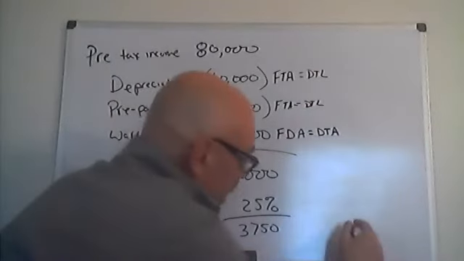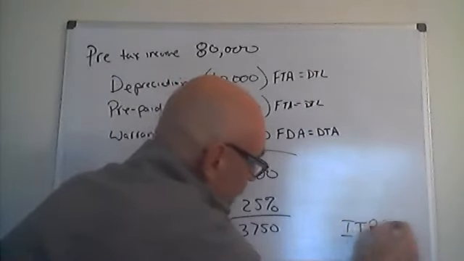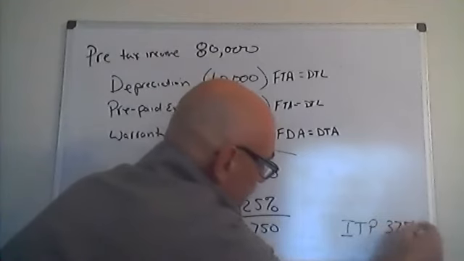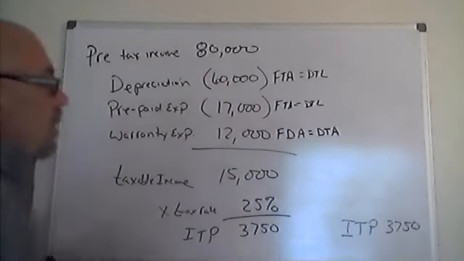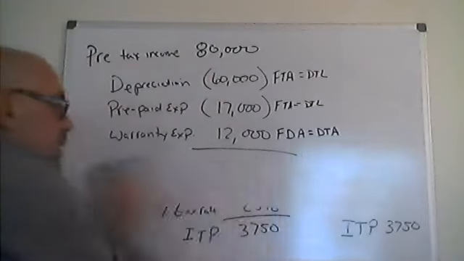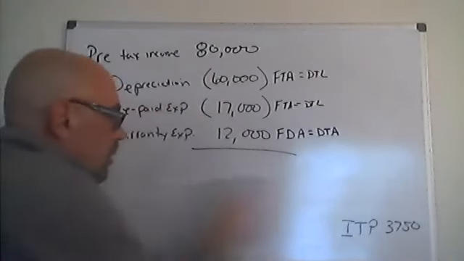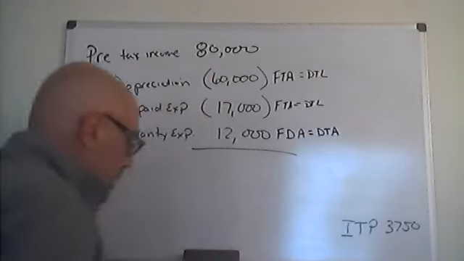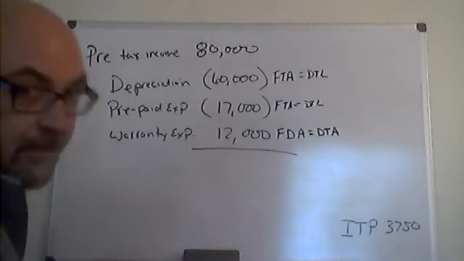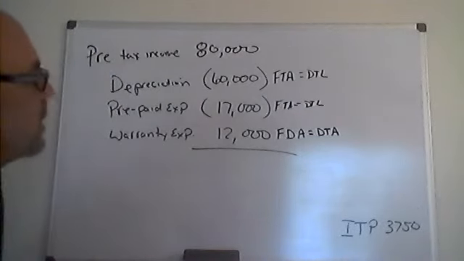Okay, so we're going to plug that in here. Income tax payable, $3,750. I'm going to erase this part of it. Since this is the very first year, there is nothing reversing here.